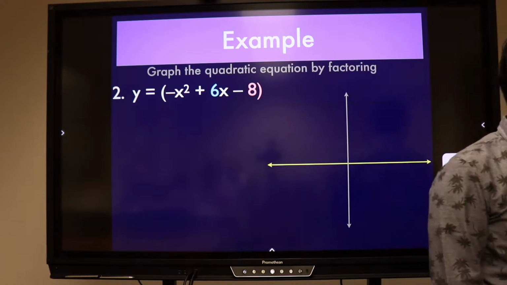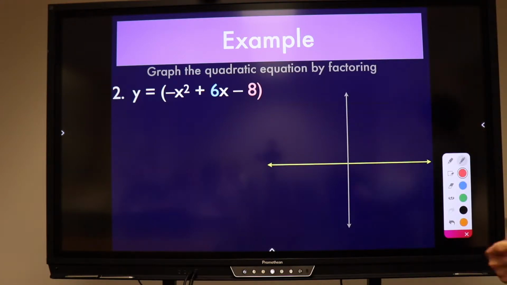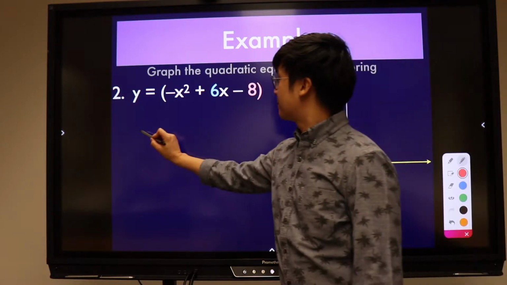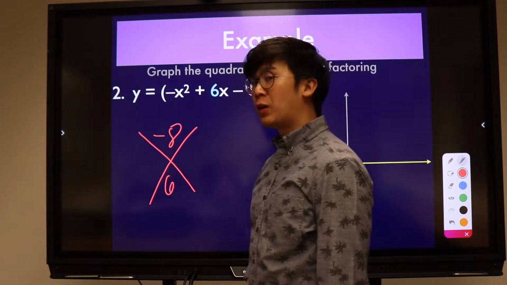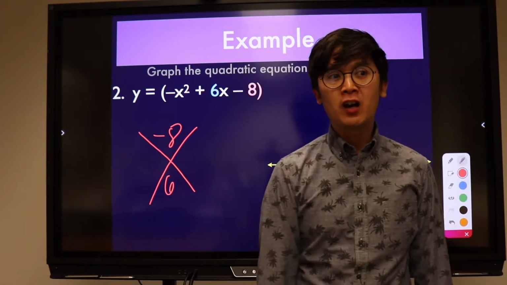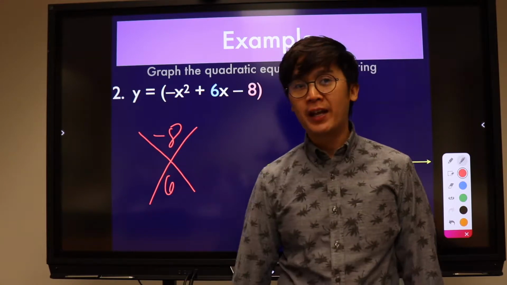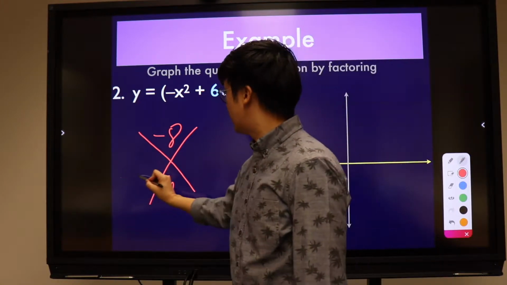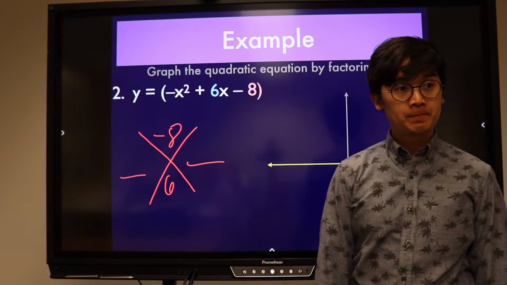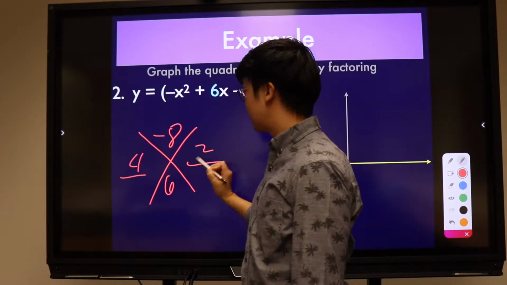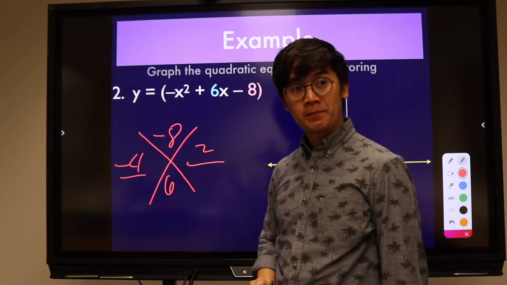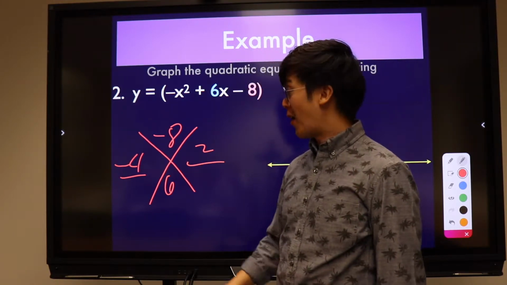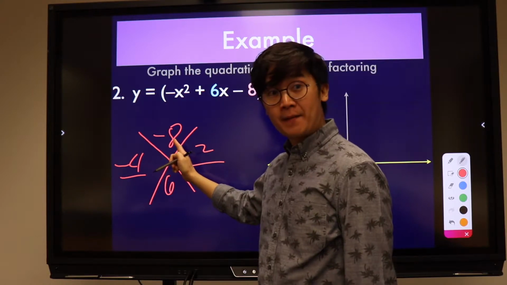How about this? If we're going to solve for this one, the last term is negative 8. We have positive 6. Can you think of factors of negative 8 that when you add them up will equal 6? 4 and 2? Negative? Okay, negative 4 times 2 is negative 8.